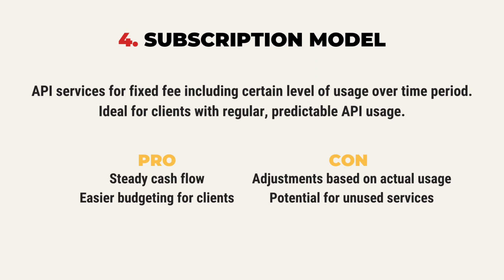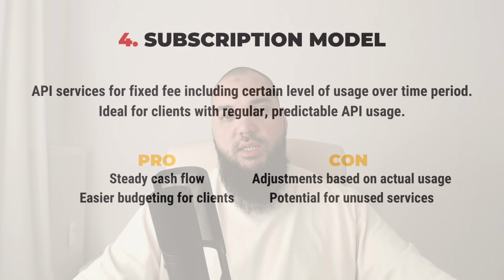The good thing about this is predictable billing and easier budgeting for the clients as well. And especially, it's steady cash flow for you. Now, the cons are that you might need price adjustments based on actual usage patterns, and there's potential for unused services if the client's needs decrease.